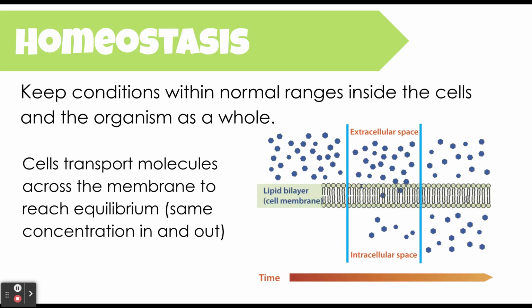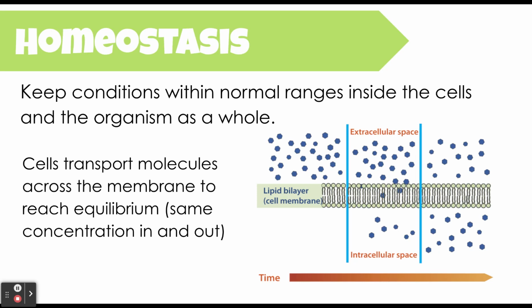And so then the last thing to think about is how this movement of molecules through the cell membrane helps cells maintain homeostasis. Homeostasis is a state of being relatively the same. So when we're looking at molecules on the outside and inside of the cell, we want the concentration of these molecules to be pretty equal between outside of the cell and inside of the cell.